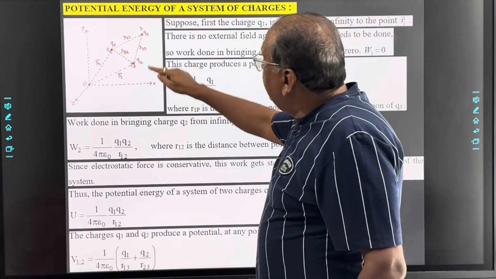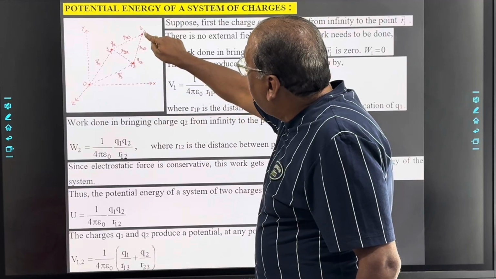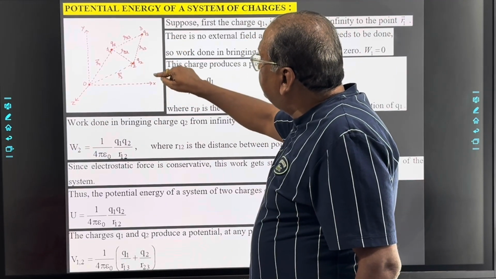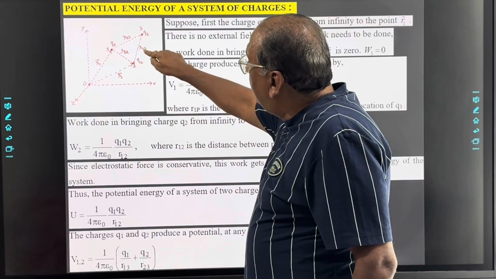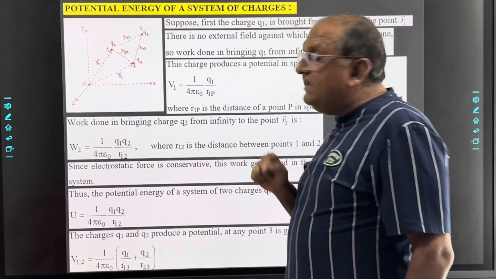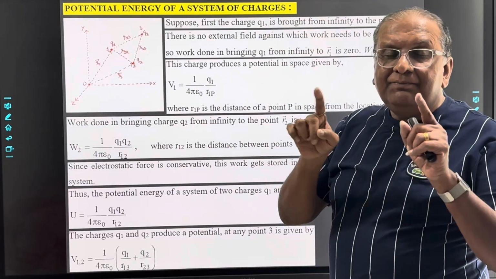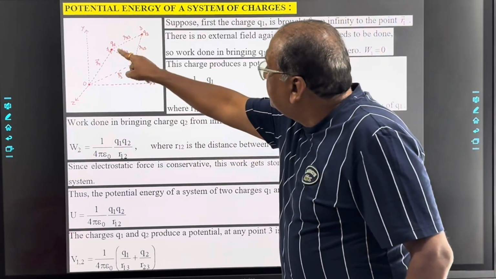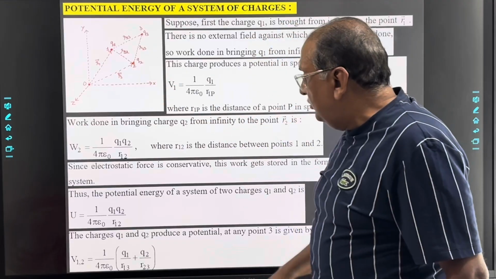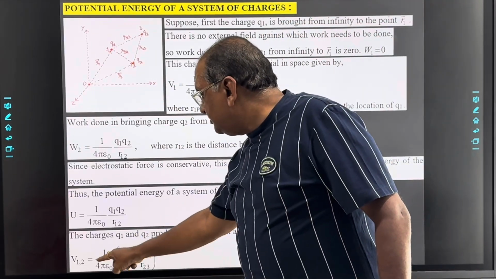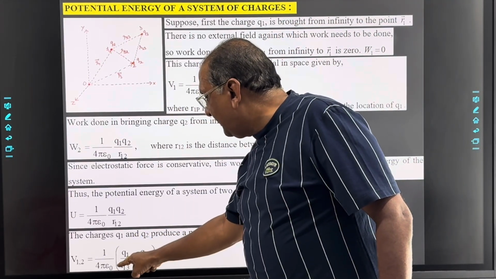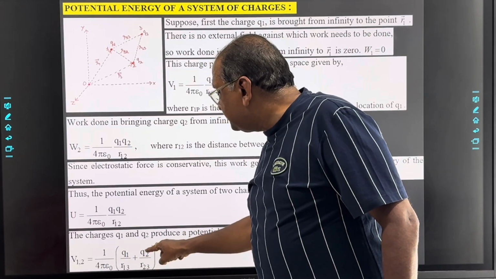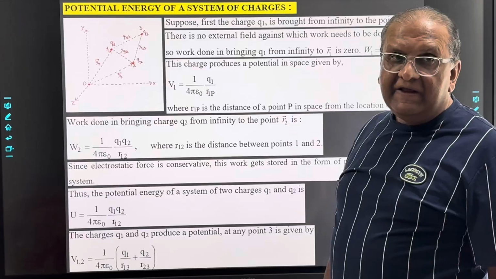Similarly, the potential of charge Q2 at 3 is 1 upon 4 pi epsilon 0 Q2 upon R23. So we can say the resultant potential at point 3 due to charge Q1 and charge Q2, that is V12, equal to 1 upon 4 pi epsilon 0 into Q1 upon R13 plus Q2 upon R23.